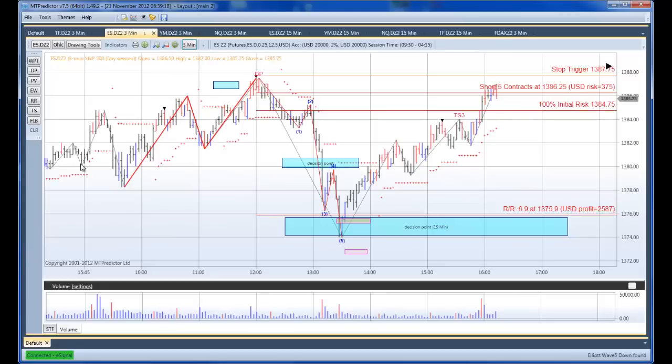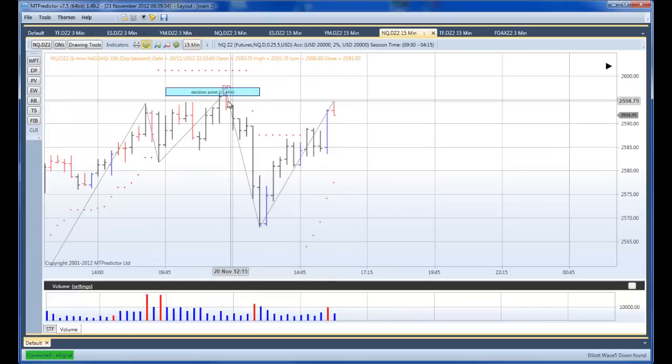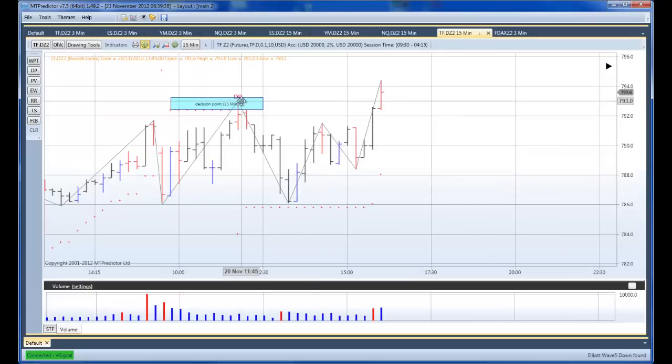But just to summarize on the ES, and on the USE minis generally: yesterday we had the ES making a high right at the 15-minute resistance, the YM making a high right at 15-minute resistance, DP resistance, the NQ doing exactly the same, and the Russell Index doing exactly the same.